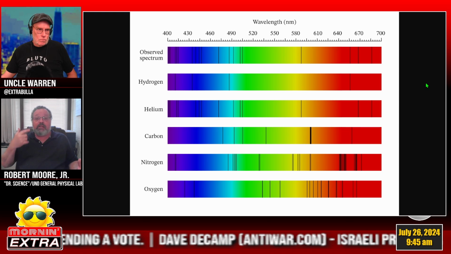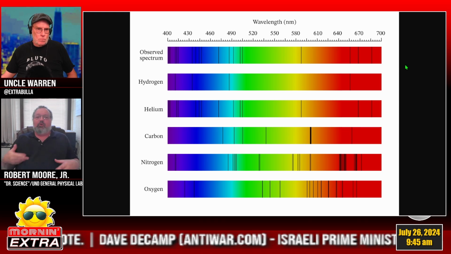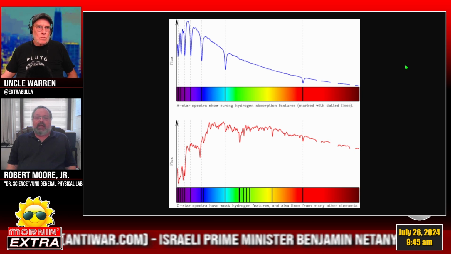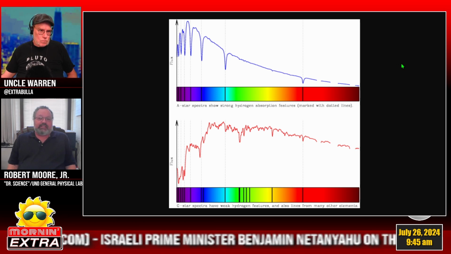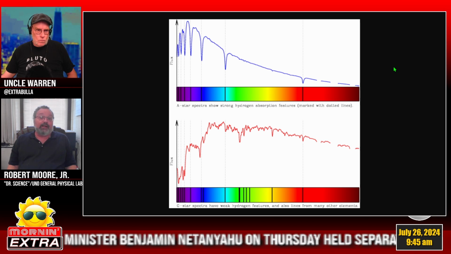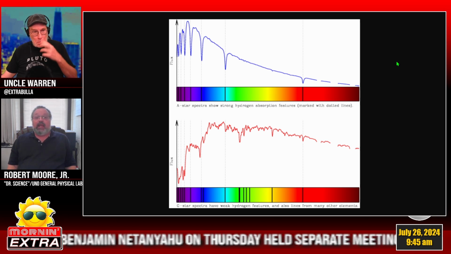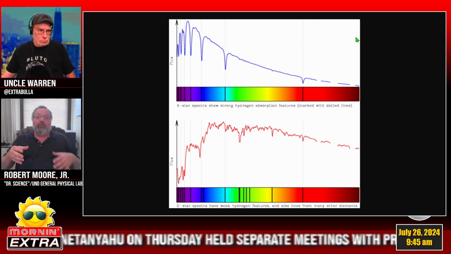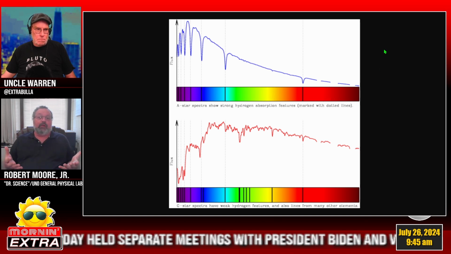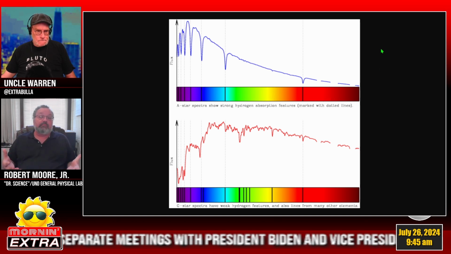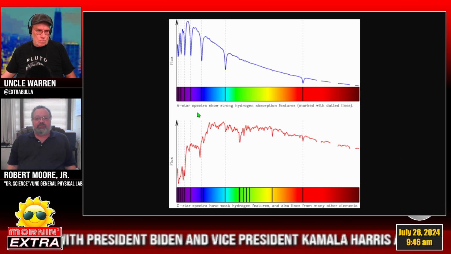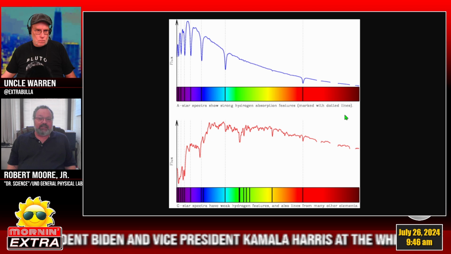Okay. So let's go to slide 3. You can start seeing that what we actually see is a little messier than bright and dark lines. That top one is showing you pretty much a perfect spectrum of hydrogen that we would be looking at from a star. The lower one actually comes real close to what we actually see.